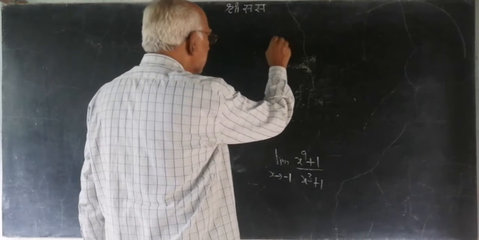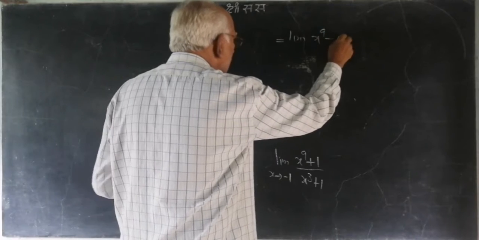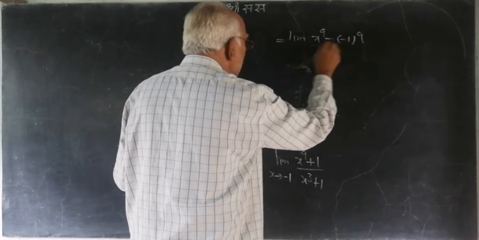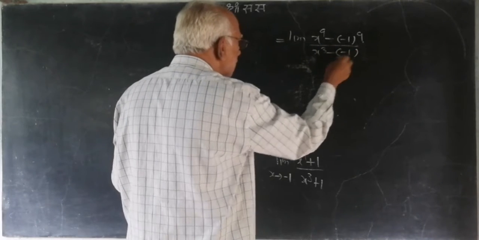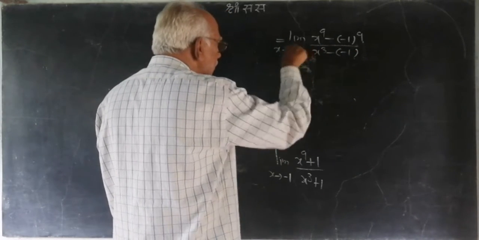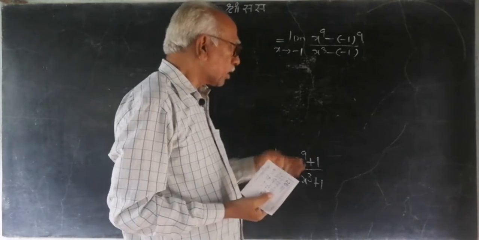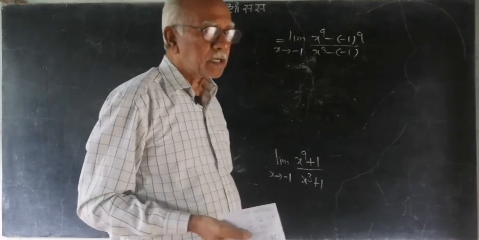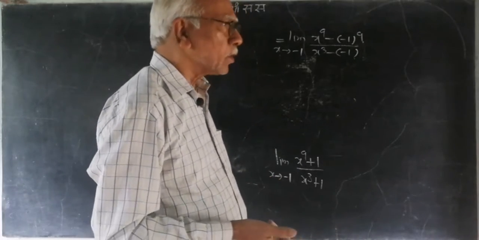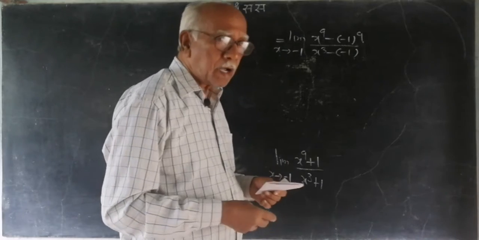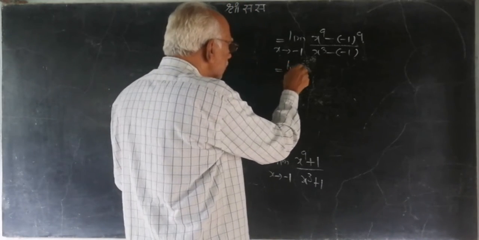So first let us write that particular form. How can it be written? x to the power 9 minus of minus 1 to the power 9, and here x cube minus of minus 1, as x tends to minus 1. But what is missing? For both numerator and denominator, we will require one more term. What is that? x minus 1. So we divide both numerator and denominator by x minus 1.